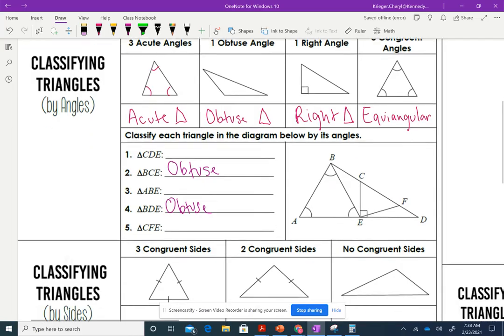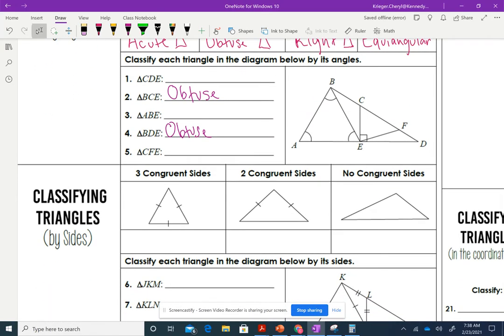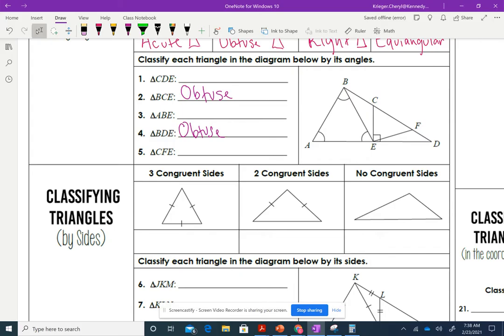Okay, if we are classifying triangles by sides, and we have 3 congruent sides, we have 3 congruent angles. So it's not only equiangular, but it's also equilateral. All 3 sides are the same.